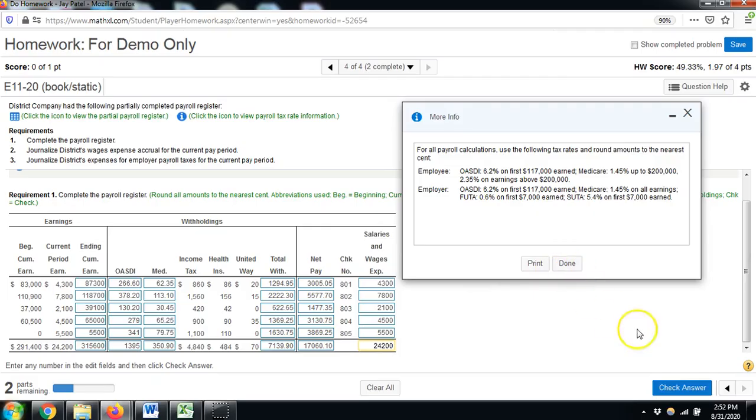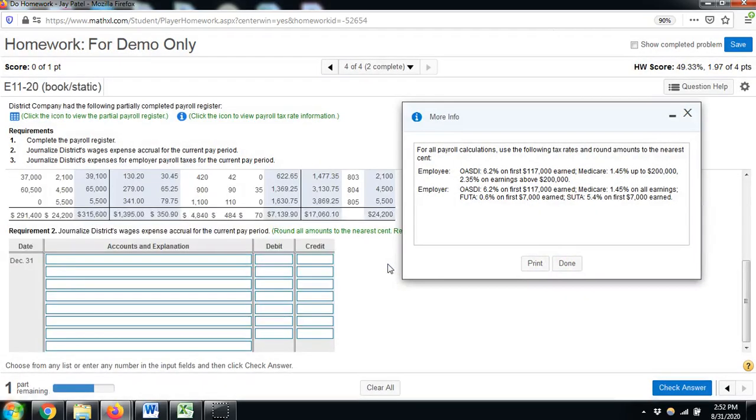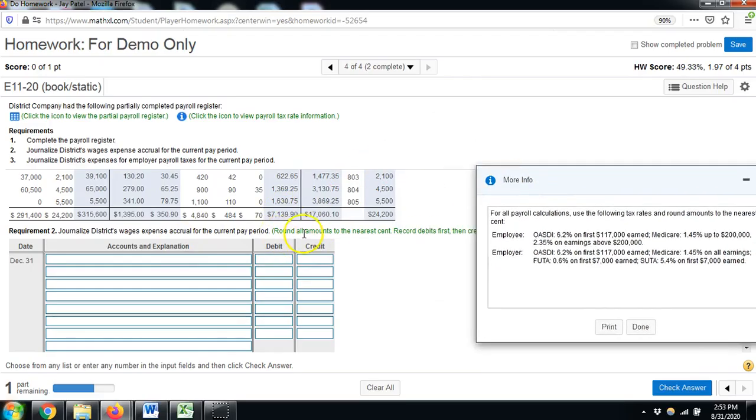Okay, so let's check that. Okay, I'm good. Now it wants us to journalize the wage expense accrual for the current period. So we're going to use the information that we basically calculated up here to do a journal entry. And we're just going to be using the totals. So this table helped us to do the per employee calculation, but for our business, we just really care about the total.